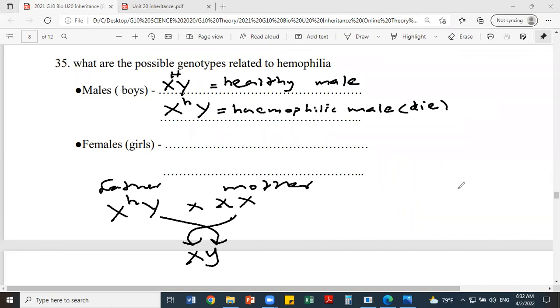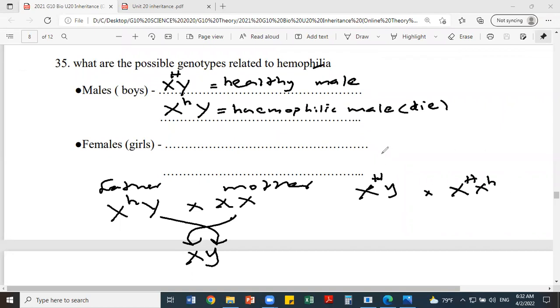How come? If the mother is a carrier female, a carrier girl, and the father is a healthy male, X capital H Y. Now what happens?